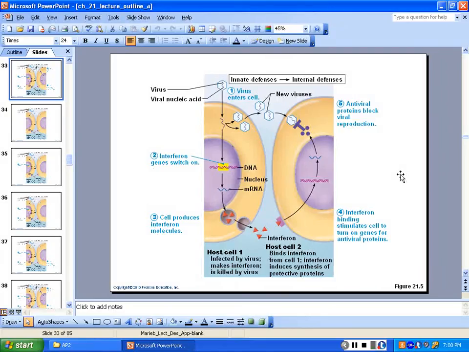How does it save its neighbors? By secreting interferon. Yeah. So interferon is produced by virally infected cells. Interferon is produced by our own body cells that have been infected by a virus.